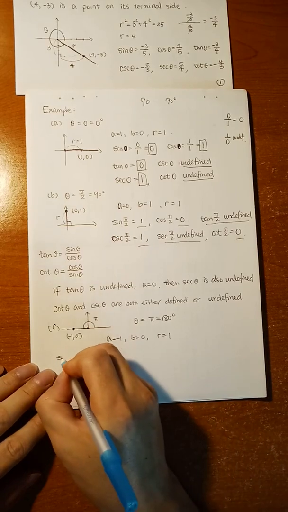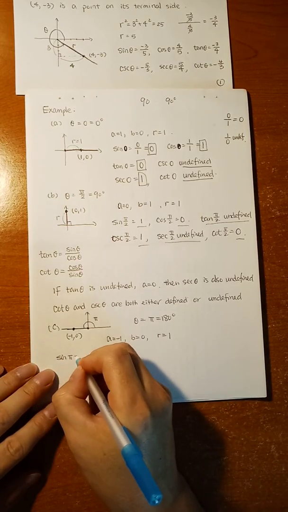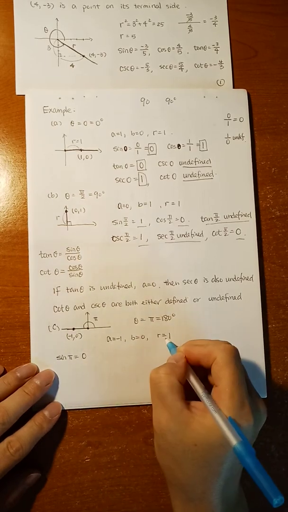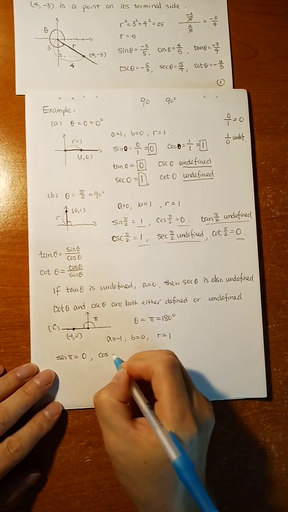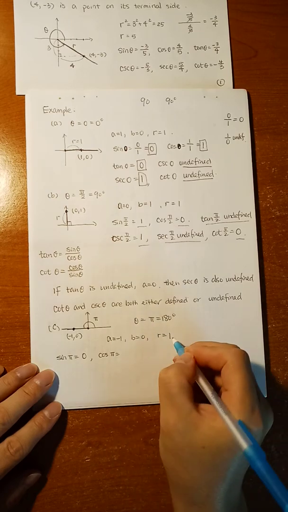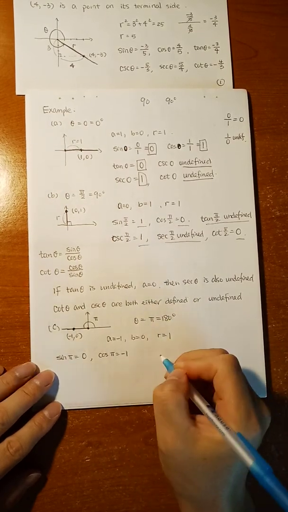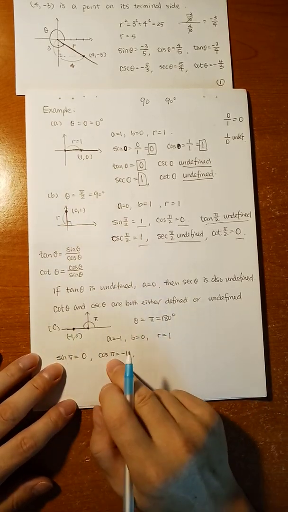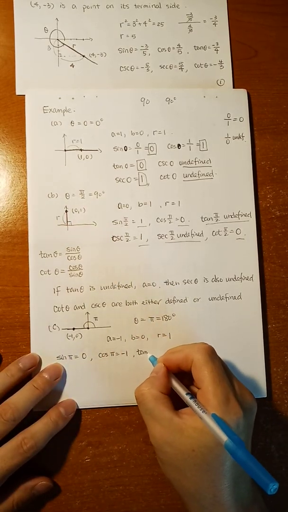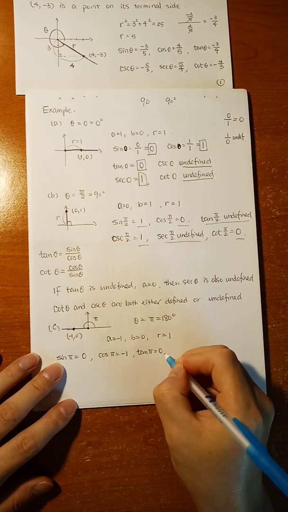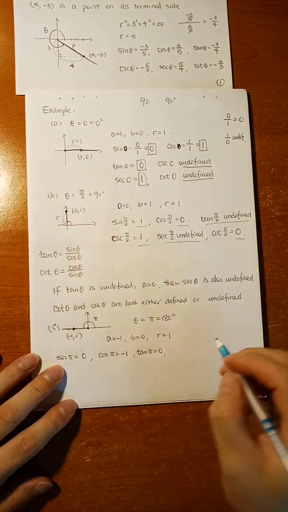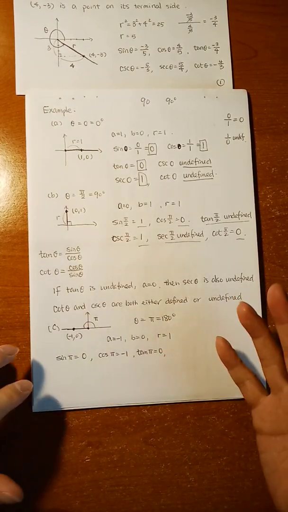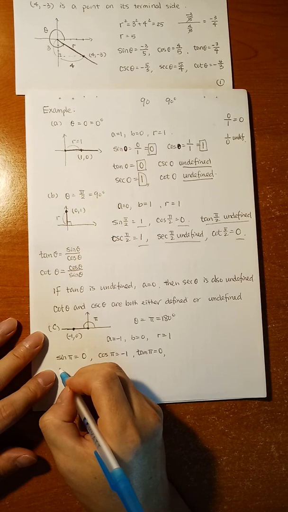And then let's check. Sine pi is y over r, 0 over 1 is 0. Cosine pi is x over r, negative 1 over 1 is negative 1. Then sine over cosine, we get tangent pi is equal to 0 over negative 1, which is 0. Okay, so we have that information. Let's flip them.